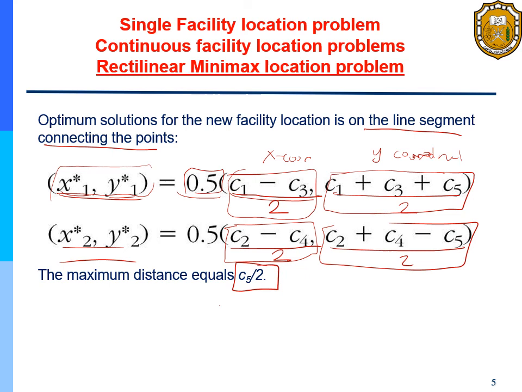So in the previous slide, we calculated these constants or parameters C1, C2 up to C5. And remember, your objective function, the maximum distance, is C5 over 2. Okay, this is the procedure. And I will stop at this point. We will be solving examples to better understand this one.